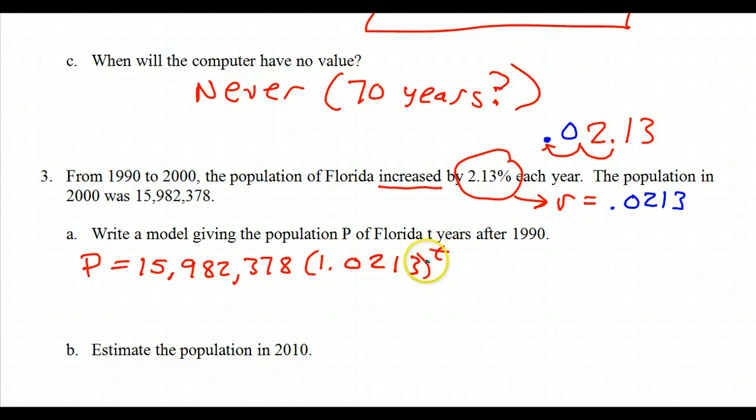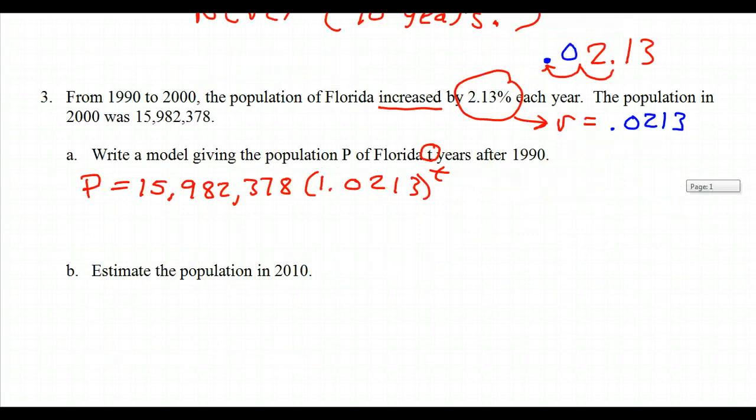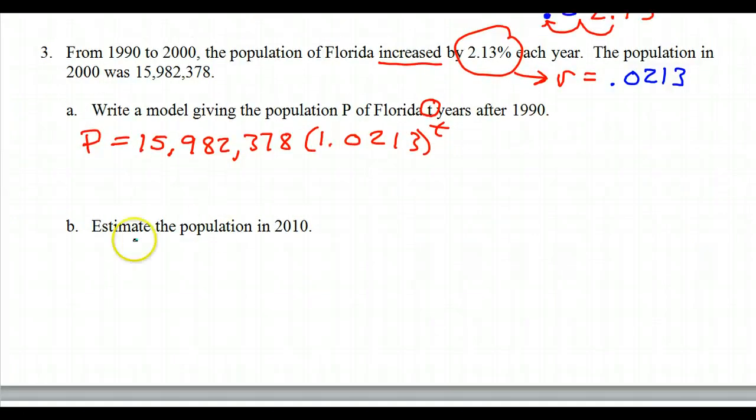For some reason, a lot of times, even though you're being asked for a model, which means just an equation, students will try to put a number here for the t. Do not put any numbers up here. If you're being asked for a model, there should be just a variable, t or x, depending on the situation, in this case t. Okay? Then you can use your model to do stuff.